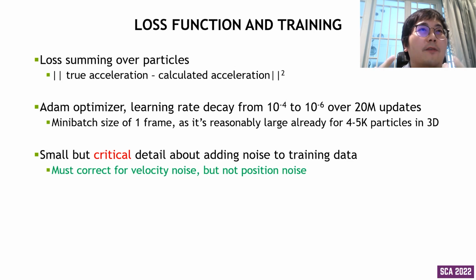And if you run inference, the errors that get introduced make the simulation diverge from the training set so much that it produces unrealistic results. So we have to add noise, and it needs to be done carefully so that the noise helps with the result. What we found is that we only need to correct the velocity error, but not the position error. Otherwise, it overcompensates and causes the simulation to become unstable.